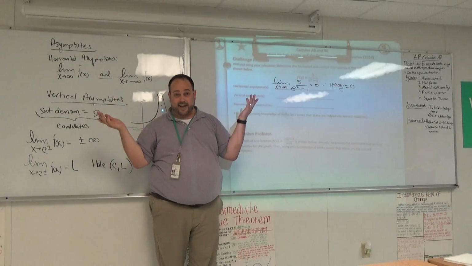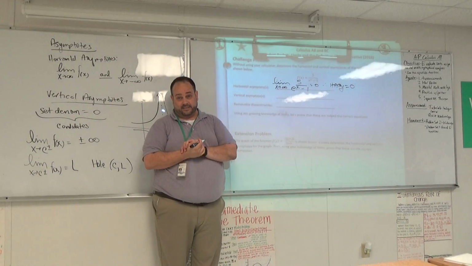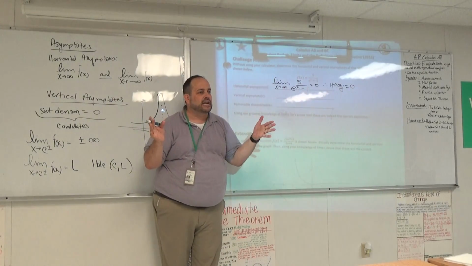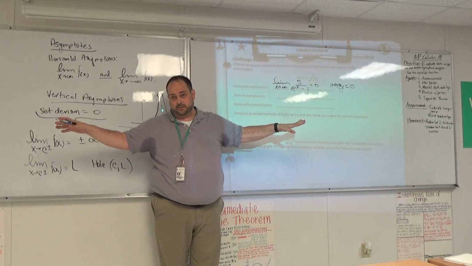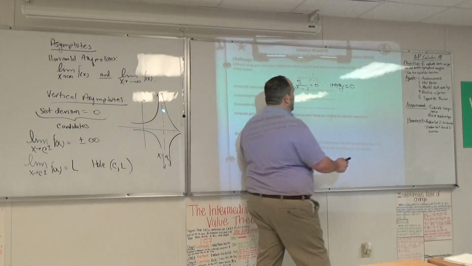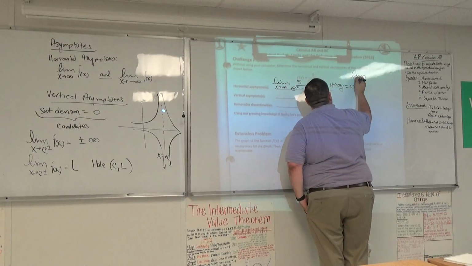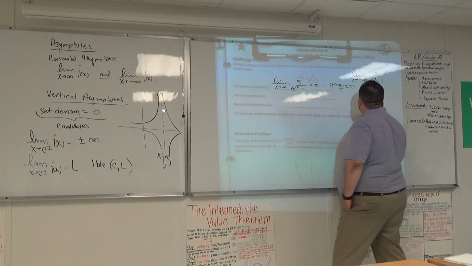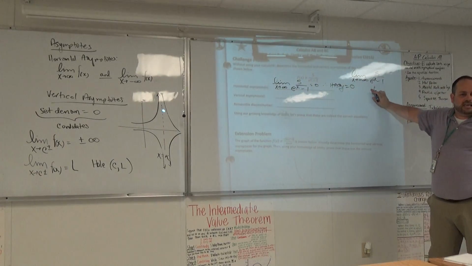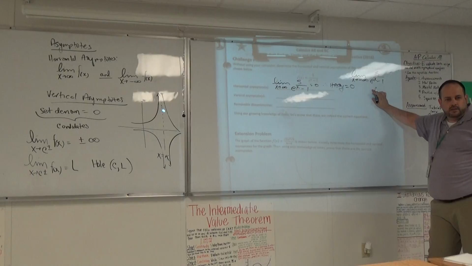And all the AP Calculus kids were like, hooray, I've got it. And they threw this question out because students weren't thinking about both sides. What would happen if you take the limit as x approaches negative infinity? As x approaches negative infinity, e to the x gets close to 0.